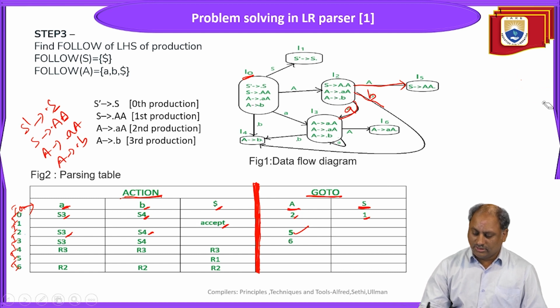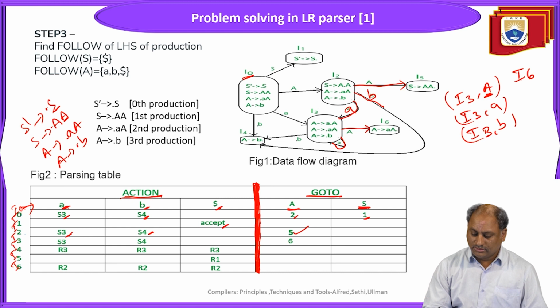And the third state also we have to implement, I3. I3 also processes with capital A, small a and small b. So in this state, capital A reaches I6, small a reaches I3, and small b reaches I4. That is why we write capital A 6 in that particular cell.